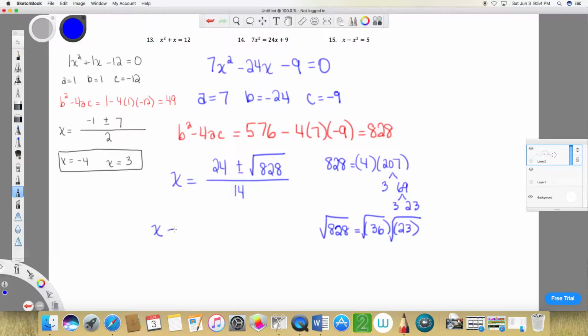So let's return over here. When we take the square root of 36, we get 6. But we can't do anything with that square root of 23.